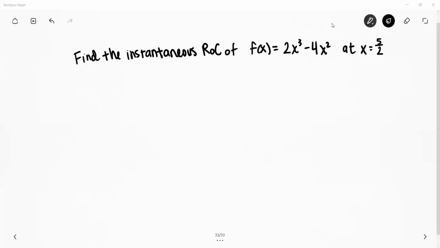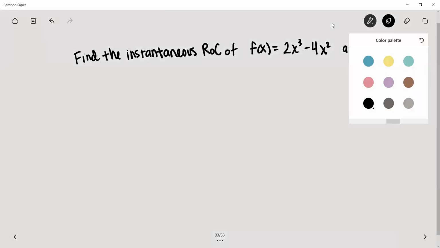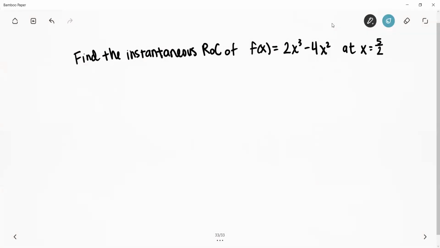All right, so now we're going to try a question like this. And we should immediately, before we jump into things, think about what they're asking us for. So this question says, find the instantaneous rate of change, that's what I'm being asked for.